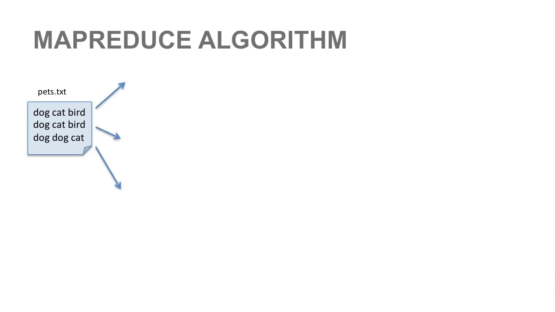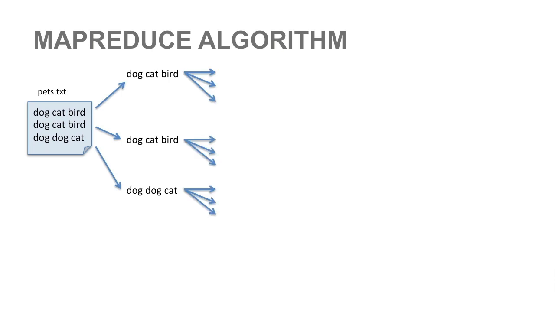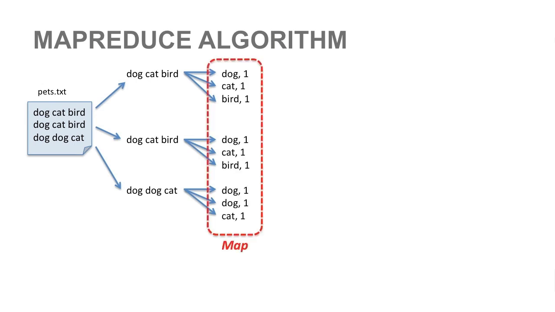So what we are going to do first is start from this pets.txt file, and split it into lines. So we will have each line that will contain some of our pets. What we will do next is map these lines, and we will extract dog, cat, bird, and generate pairs: dog and number 1, cat and number 1, and so on.